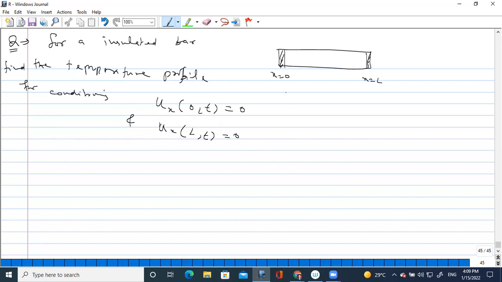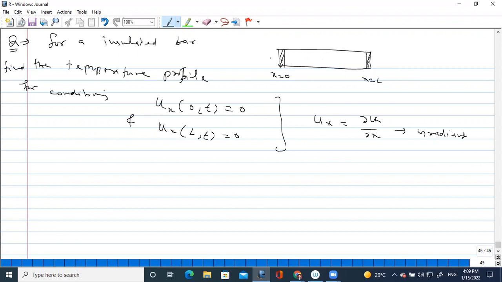Now u_x is what? u_x is del u by del x. So you can say that this is the gradient. And what is u_x(0) or u_x(L)? It means at the ends, the gradient is 0. Gradient is 0 means the value of temperature is not changing at the ends.